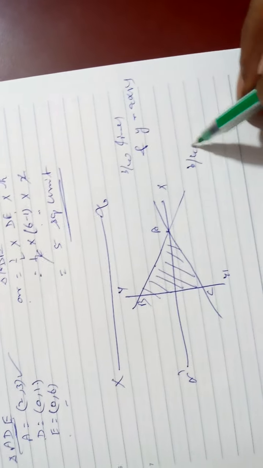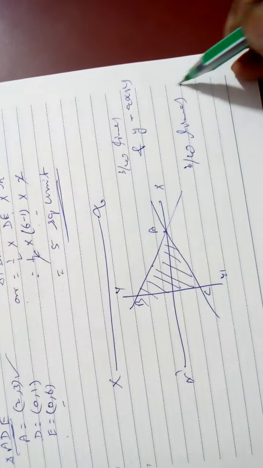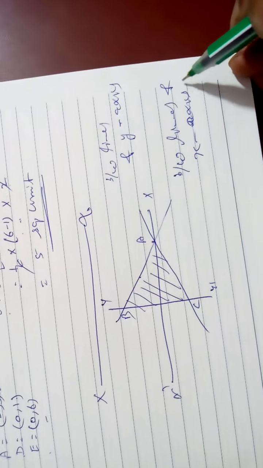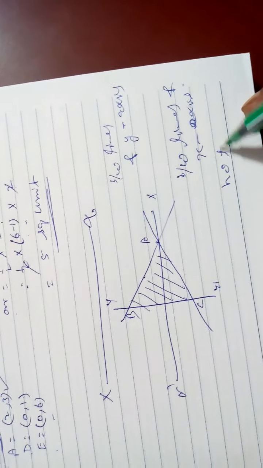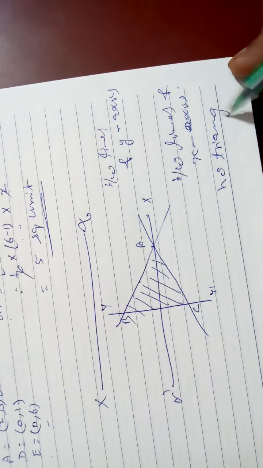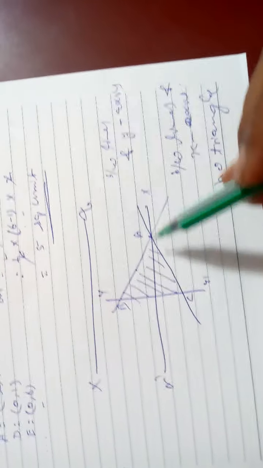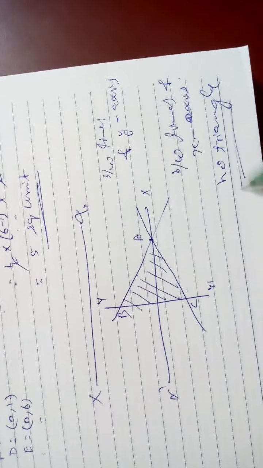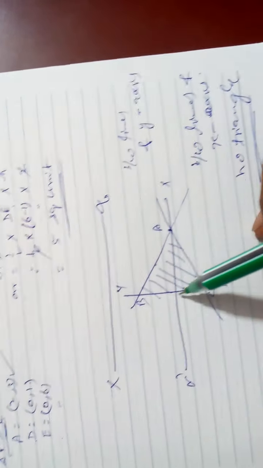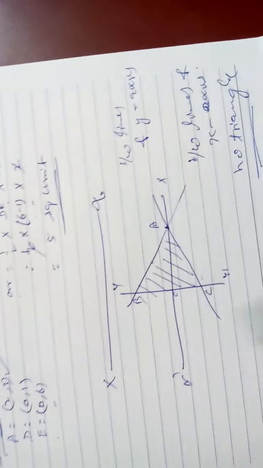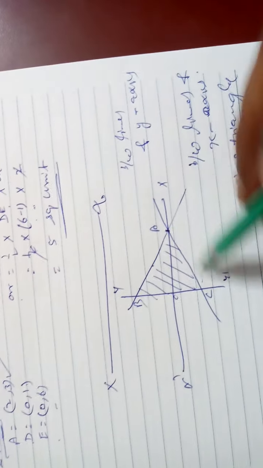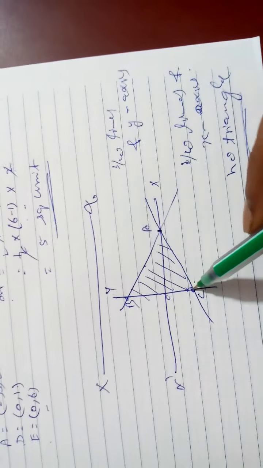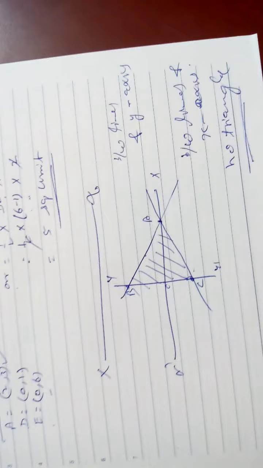But between the lines and the x-axis, no triangle. Why? Why is there no triangle? Because it is intersecting on the x-axis. So there is no triangle formed between this. The only triangle is this, but don't see the origin. Your triangle is between the lines and the whole y-axis where they intersect. This and this. It is your ABC.